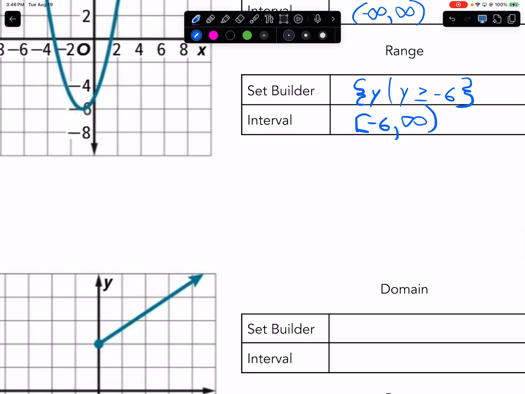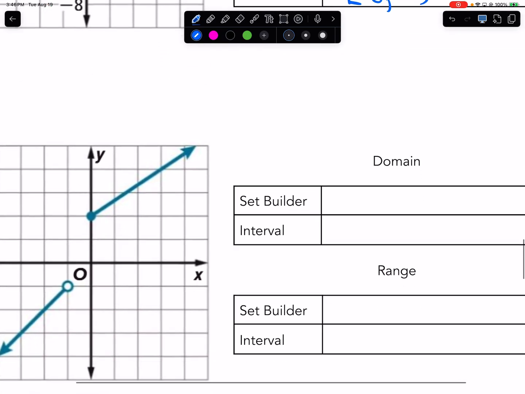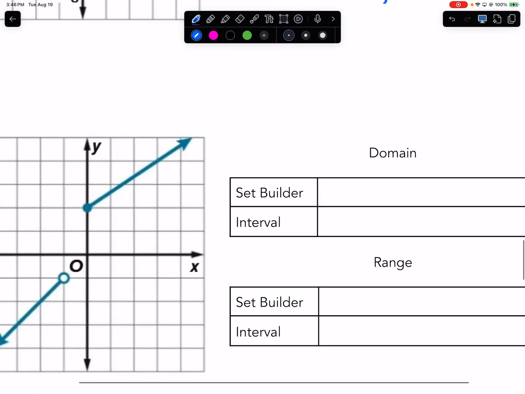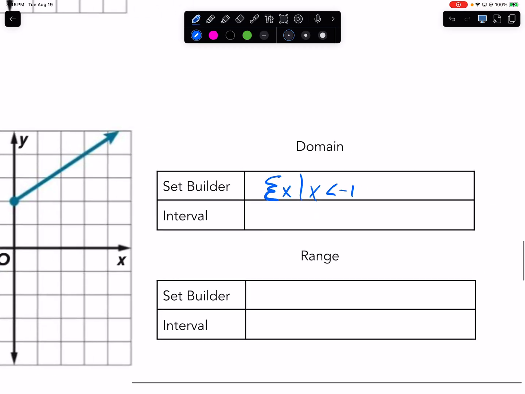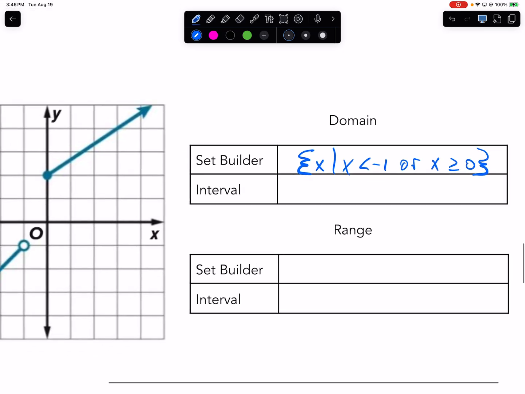Oh, I didn't do this one. We need to do it, sorry. I'm going to write it. So domain is x such that x is less than -1, because it's an open dot at -1, or x is greater than or equal to 0.